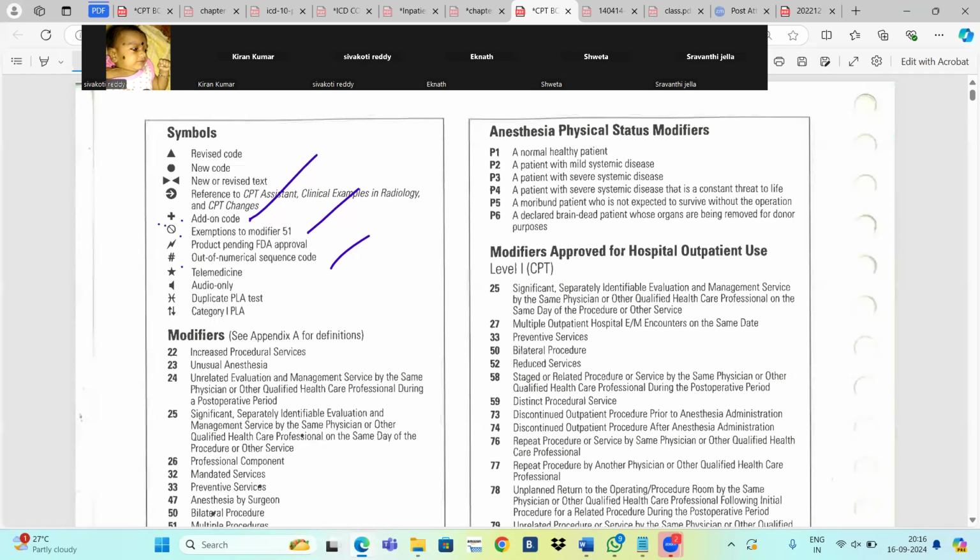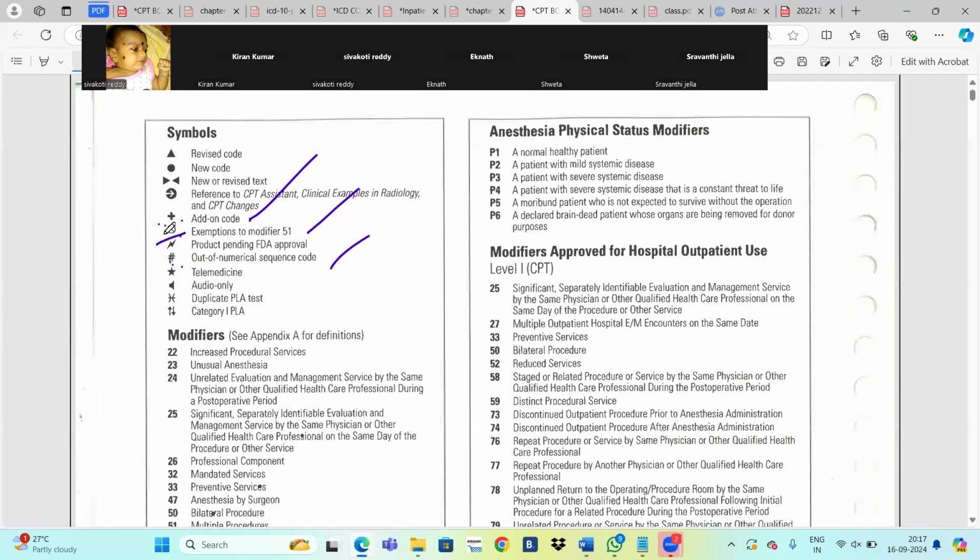They gave 8, 9, 10 instead of 1, 2, 3. So that 2 was missing from the sequence, right? For sequence missing, they will give this symbol. Okay, sir. Clear?